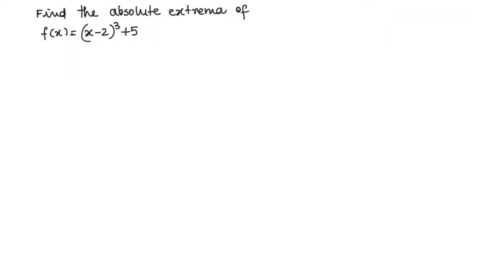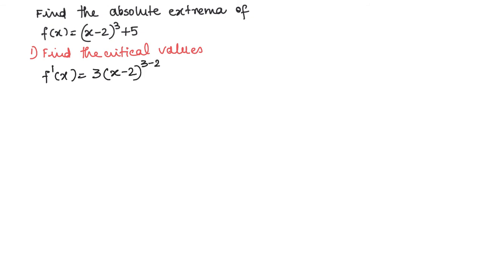Find the absolute extrema of this function. So the first step is to find the critical values. In order to find the critical value, take the derivative of this function. So apply the power rule: subtract 1 from the power, and the derivative of 5 is 0.